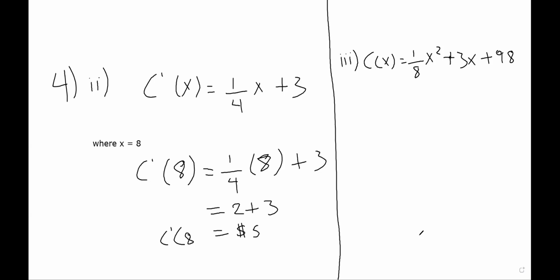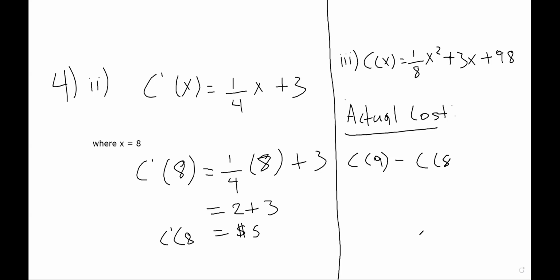So the actual cost is going to be C where x is equal to 9 minus C where x is equal to 8. That's how we find our actual cost, right?